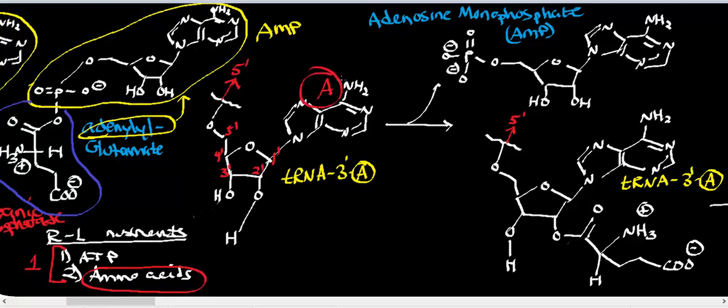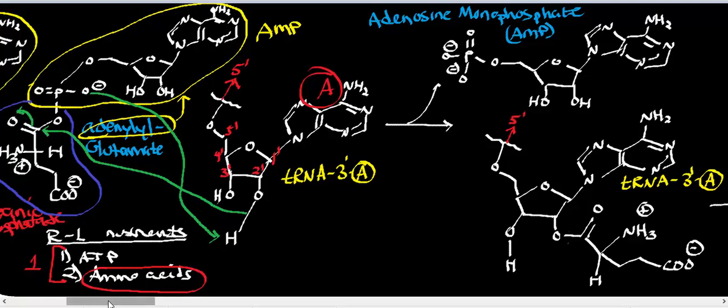What's going to happen is the phosphate that is part of this adenylyl glutamate is going to come over here and deprotonate the 2' hydroxyl group, which is going to initiate nucleophilic attack by this set of electrons right here on the ester bond, the phosphoester bond of the adenylyl glutamate, generating a tetrahedral intermediate.